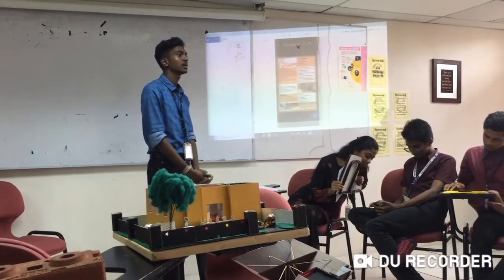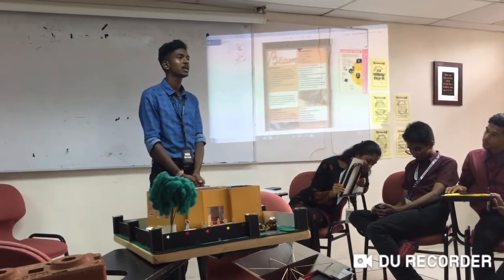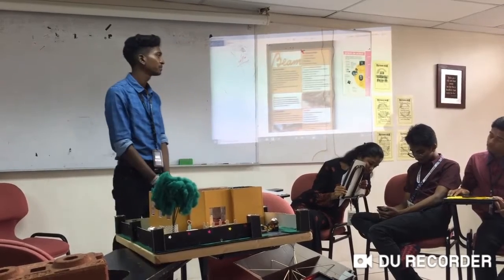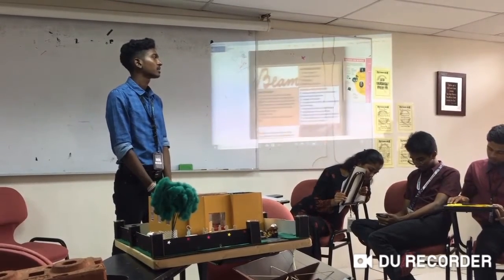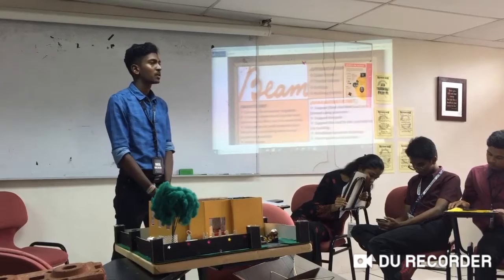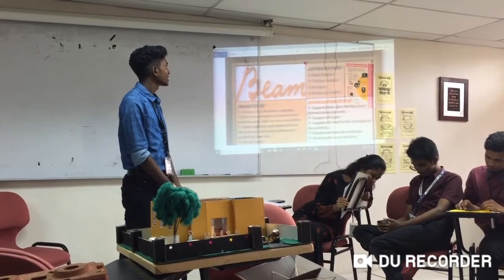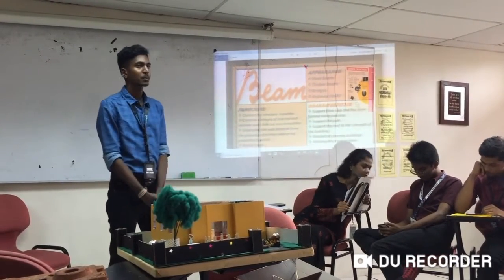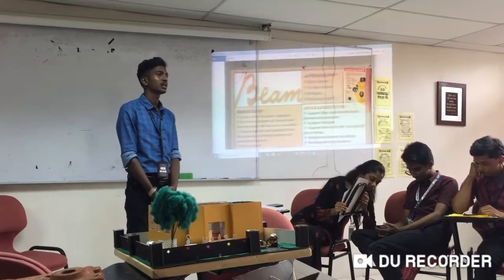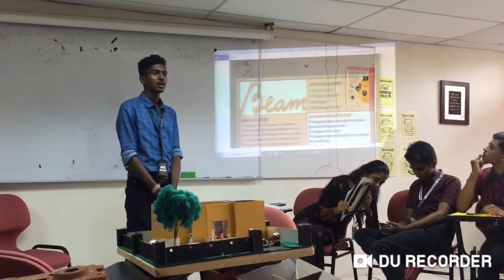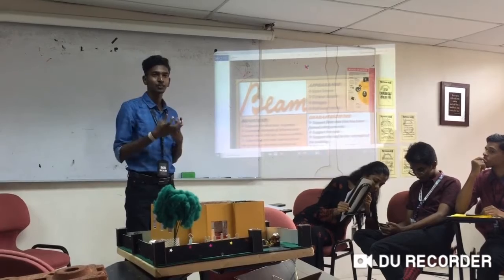As for appearance, mostly we can see beams in steel beams, which carry heavy loads, and also in timber beams. Mostly we see timber beams in houses, which means they are made from wood.